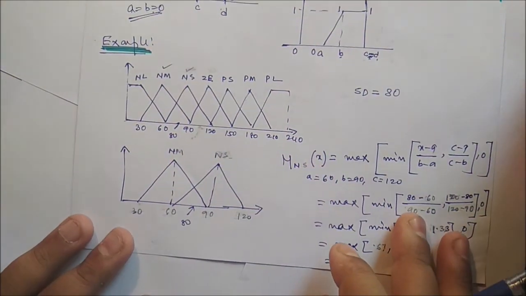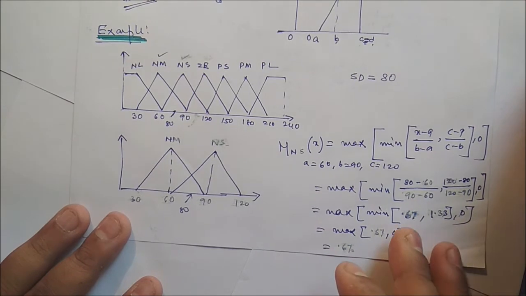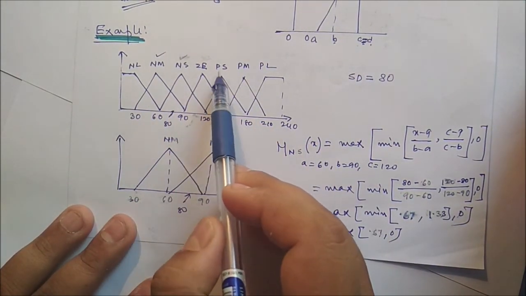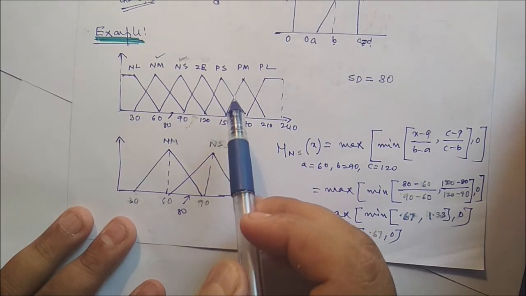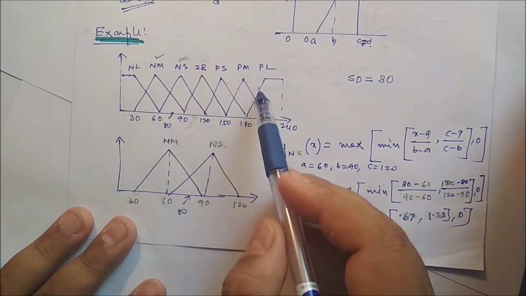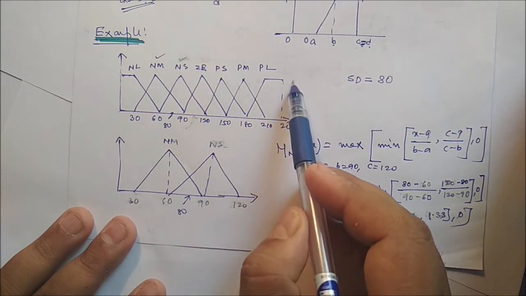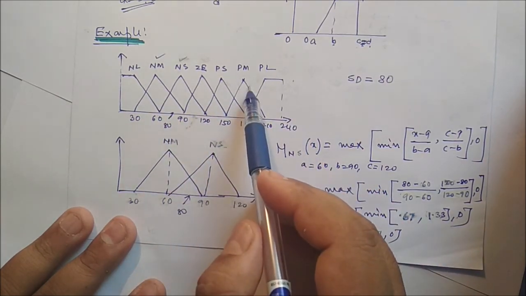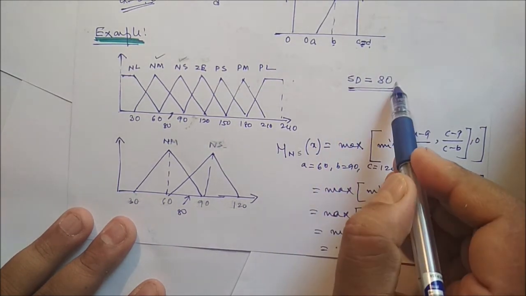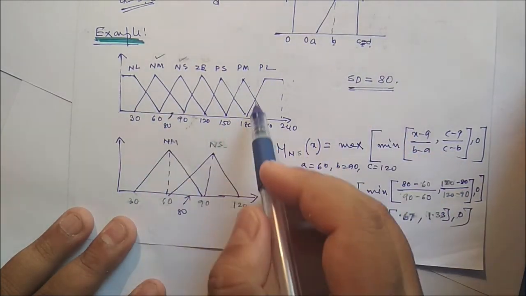So we can take one simple example. Suppose here few fuzzy sets are there, 1, 2, 3, 4, 5, 6, 7. 7 fuzzy sets are there. So say this is our open left trapezoid, this is our open right trapezoid, and the remaining are the triangular ones. Suppose one crisp value, speed difference 80, is there. We want to know the associated membership value.